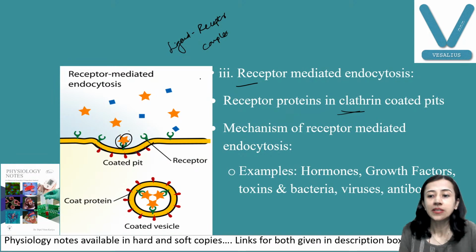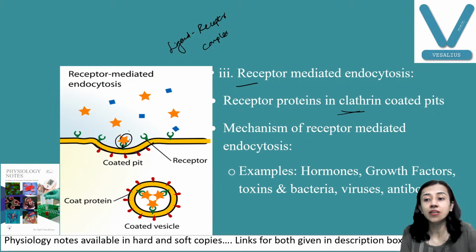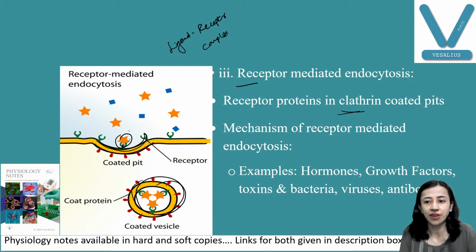Then the second step: after the receptor binds with the ligand, there is contraction. Clathrin is a contractile protein that causes contraction, and this pit now gets contracted and forms a vesicle. You can see here.